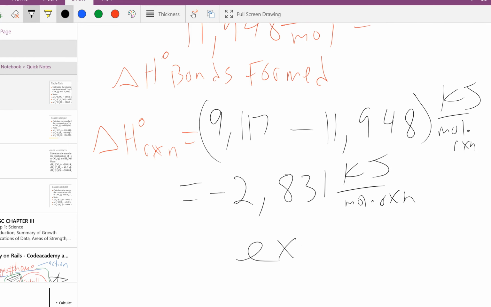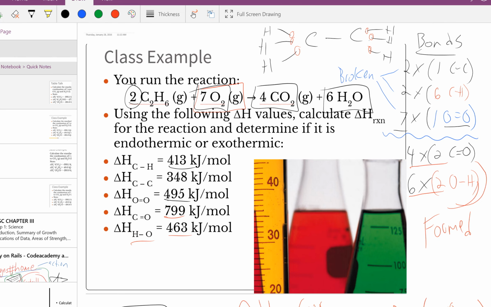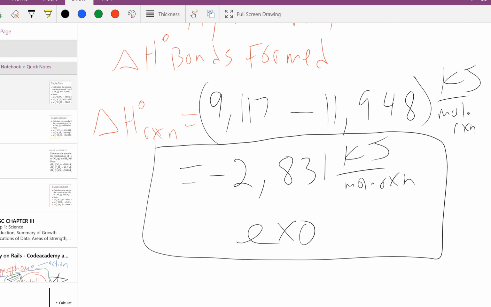Now that makes life pretty easy, but we know we're right because this is a combustion reaction, and combustion reactions are pretty much always exothermic. So that's going to give you your answer. Go ahead and try the next one if you need help.